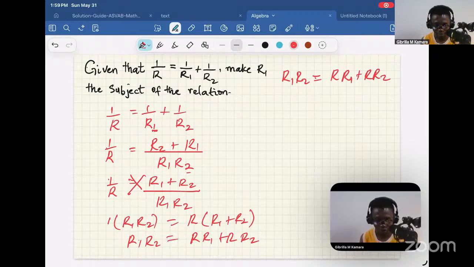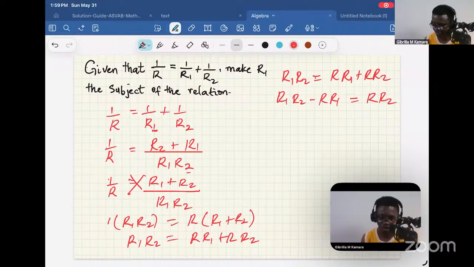But now you want to make r1 the subject. So you take r1 r2, then you bring this one, which is minus r r1, equals r r2. So you isolate that.